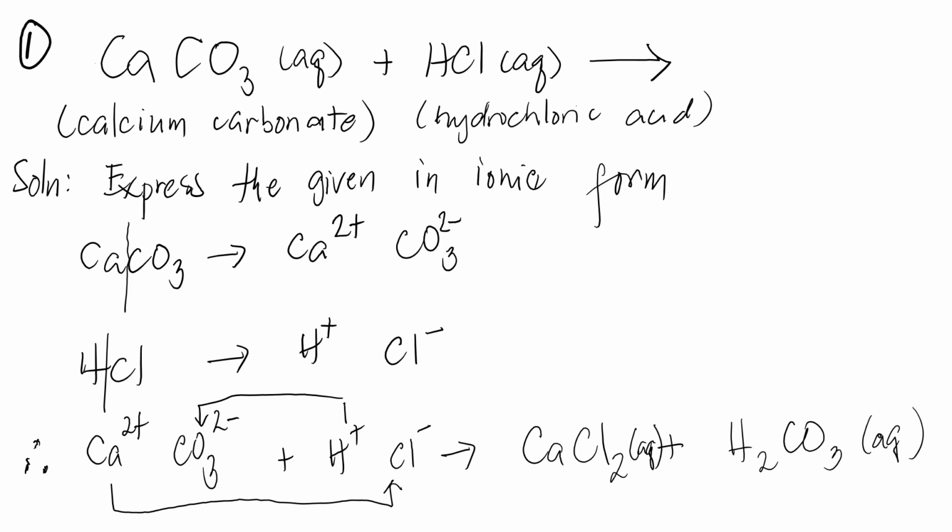Metal will always be positive. And of course, the other one will be negative. But as to how positive and how negative, you need to check our tables. The table of the polyatomic ions and the table of elements with charges. Okay? So, the one that you see now on screen are the charges indicated in those tables that I mentioned.